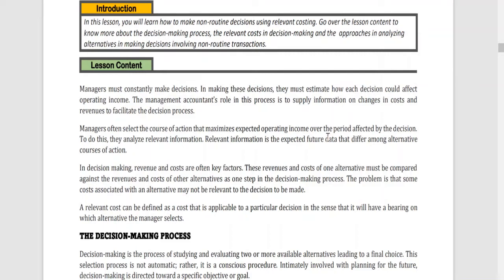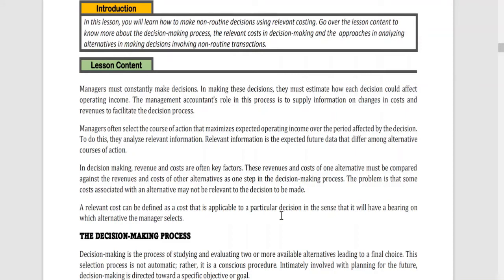In decision making, revenue and costs are often the key factors. So you have to compare these revenues and costs from one alternative to another, again, to determine which are the relevant information. So in this lesson, we are focusing on relevant costing.